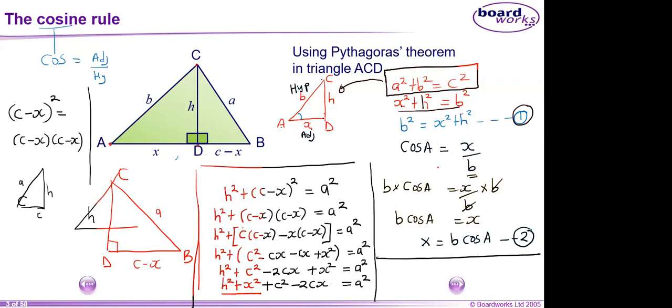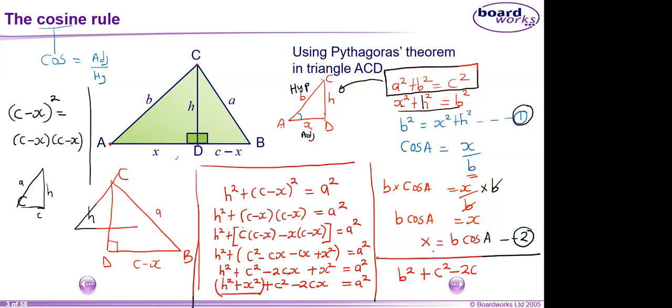Look at equation 1. Yes, Chidabo? B squared. So where there is H squared plus X squared, I'm going to put B squared. So I'll have B squared plus C squared minus 2C.